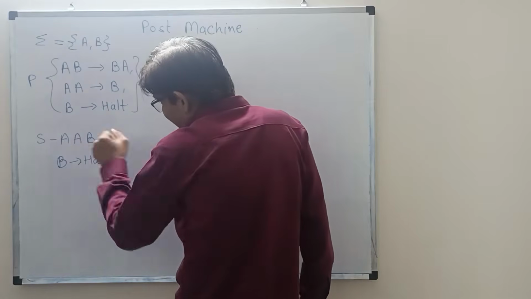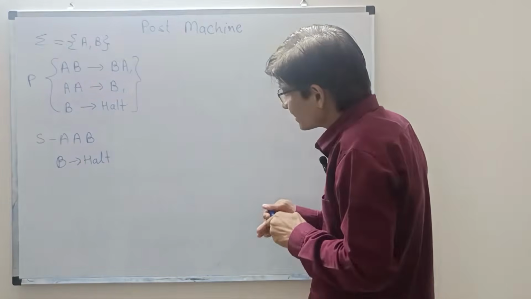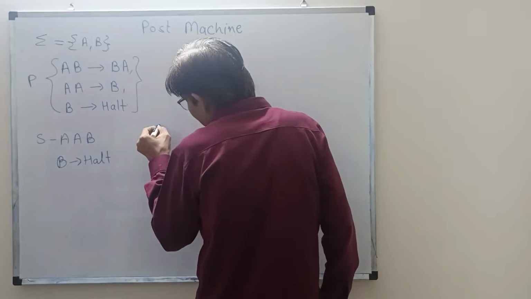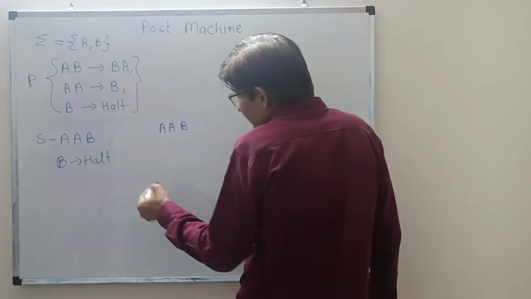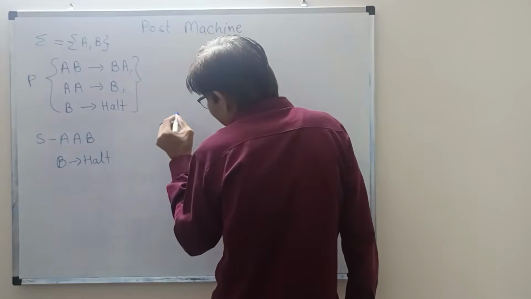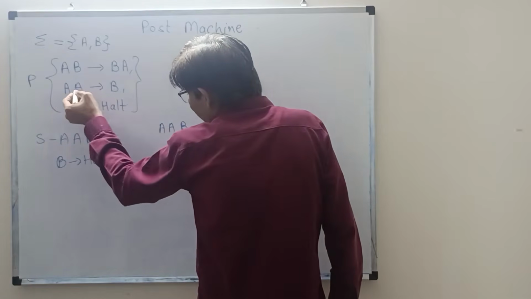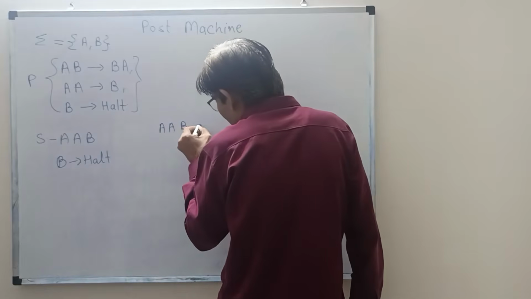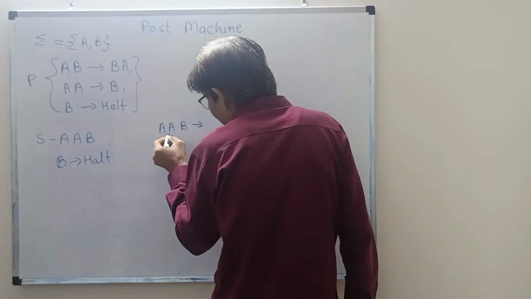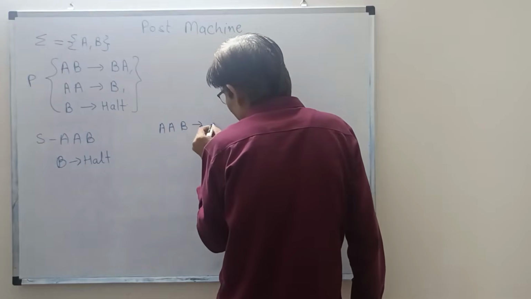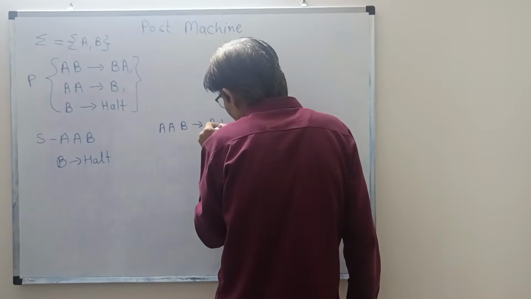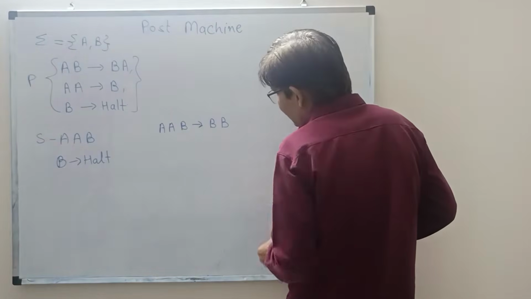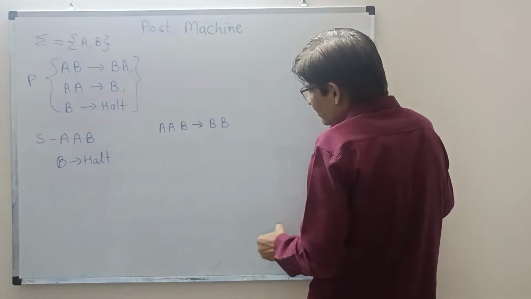Now this is our initial state, and we will start working with this string. So here we have AAB. This string has the left hand side of the second production at the first position, so I can replace this AA with the right hand side of this production. So it will become BB. So these two B's are there.